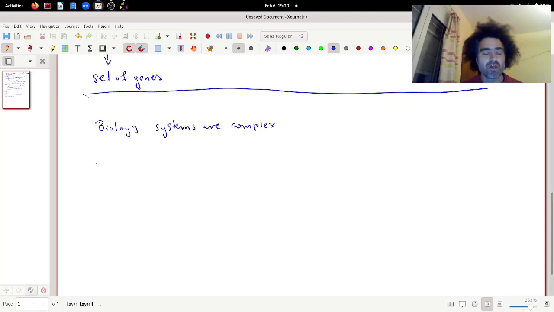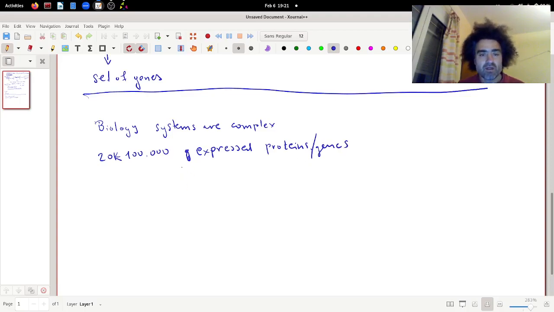So in the human genome we have something like 20 to 100 thousands, so 20,000 here to 100,000 expressed proteins that all of them, or expressed genes, the same thing. I will use the term proteins or genes interchangeably, that some of them are expressed, some of them are not expressed, some of them are affected by the lifestyle that we have, some of them are not affected by the lifestyle we have.